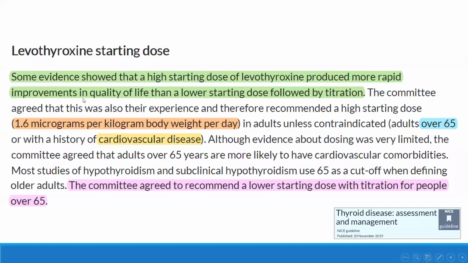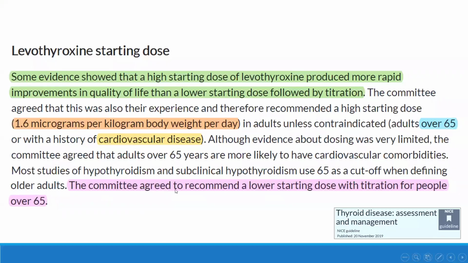Some evidence showed that a high starting dose of levothyroxine produced more rapid improvement in quality of life than a lower starting dose followed by titration. So they recommend starting with a full replacement dose of 1.6 microgram per kilogram body weight rather than a low titration dose. But in a patient over 65 or with cardiovascular disease, we should start with a small dose.